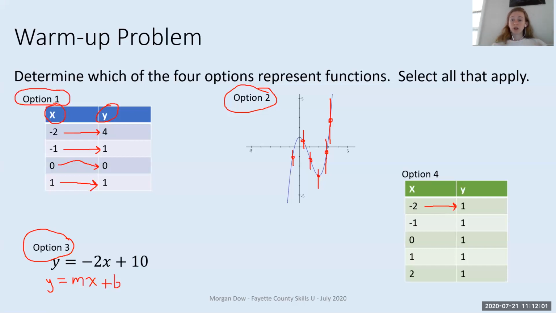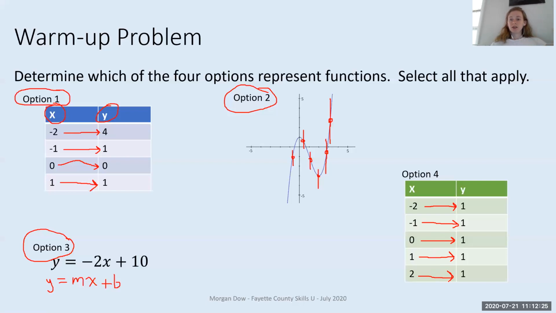So -2 is only giving us an output of 1. Same thing for -1 here. -1 is only giving us an output of 1. 0, same thing again. 0 only has an output of 1. It doesn't have an output of any other number. 1 only has an output of 1. And 2 only has an output of 1.